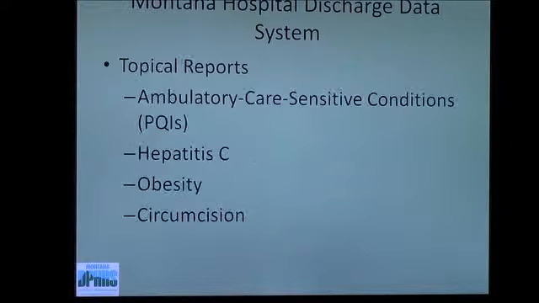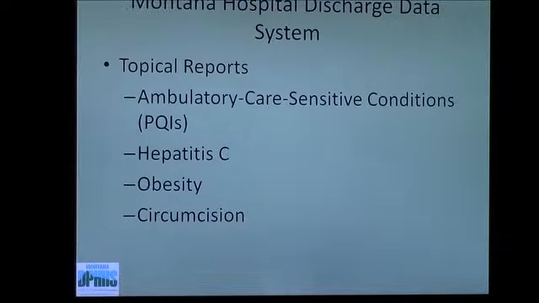And topical reports. A couple of things we've looked at are ambulatory care sensitive conditions. These are really neat. The Agency for Healthcare Research and Quality is part of the Centers for Medicare and Medicaid Services, and they got together with the University of California, San Francisco, University of California, Berkeley, and Stanford University, and came up with a way of classifying hospitalizations based on not just whether somebody's hospitalized for diabetes, but whether that could have been prevented through better outpatient care.